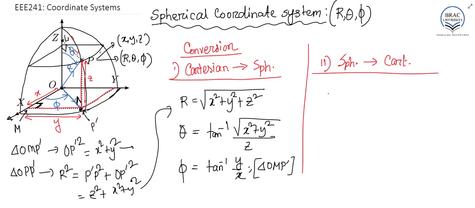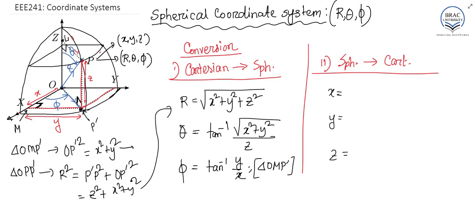Now let's say you're going to retrieve the Cartesian coordinate values from the given spherical coordinate values. So how can you do that? Okay, first of all, you know the value of r, you know the value of theta, and you know the value of phi. So if you take r cos theta, then you will just be getting the component of r along the z-axis, all right?